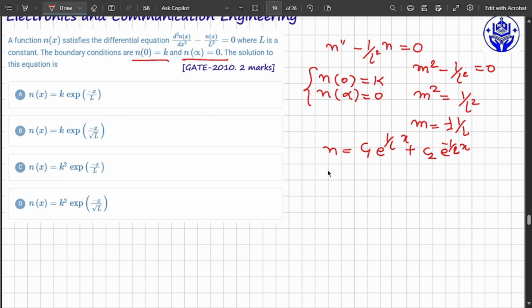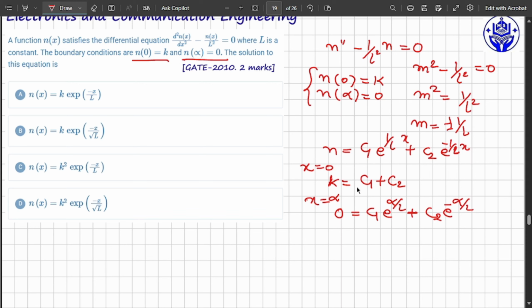Now you are going to use these two conditions. The first one is, if x is equal to 0, then n is k. So it is k, x is 0, then it is c1 plus c2. Another one is x is equal to alpha, then n will be 0. So it will be c1 e to the power alpha upon L plus c2 e to the power minus alpha upon L. So what can I do?